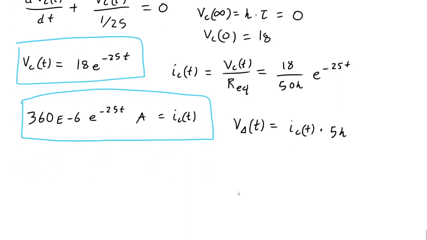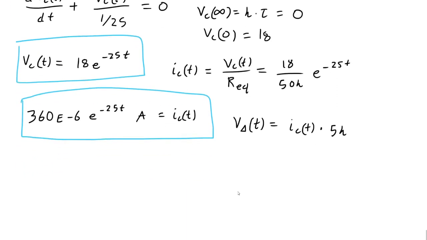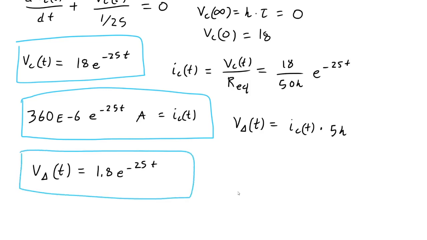Okay. So if we multiply this by 5K, we end up with V delta being 1.8 volts maximum, and then e to the minus 25t. And that is our answer.